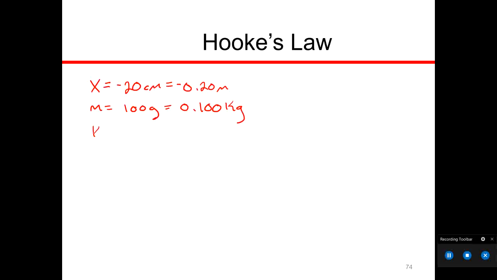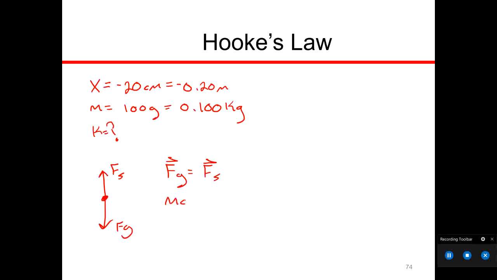And our goal here is going to be to find K. Let's draw a free body diagram for our system. Force of gravity down, and we have spring force up, also known as restoring force. So since it's not moving, we know those two forces have to be equal. Fg is equal to our Fs.